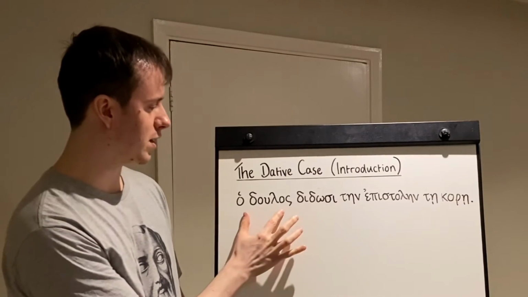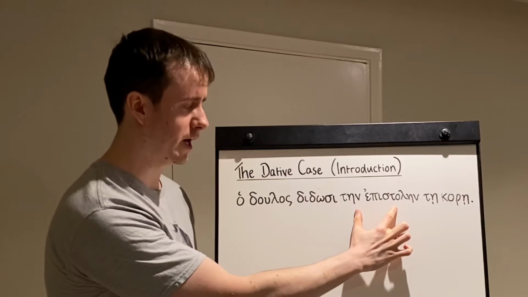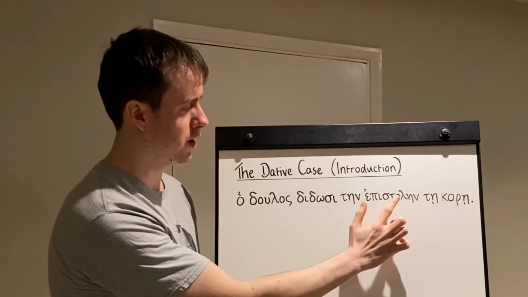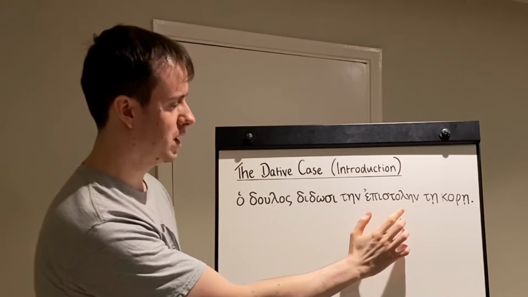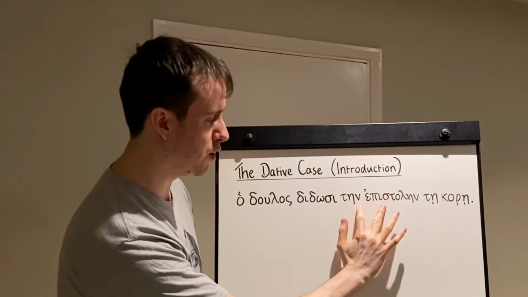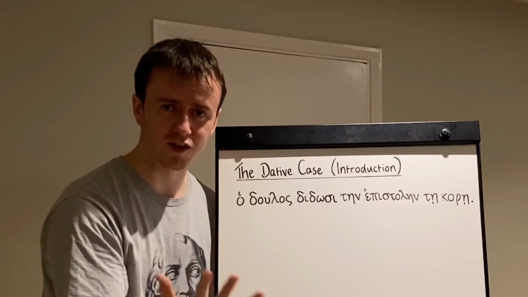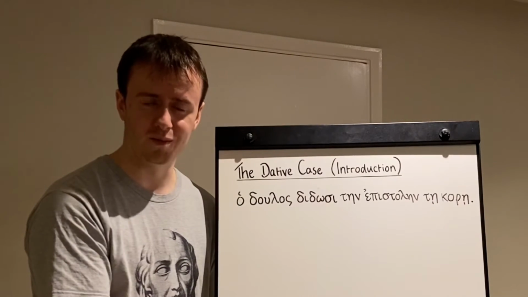So this means the slave gives, and then we've got tēn epistolēn. Because tēn is feminine accusative singular, we know epistolēn must also be feminine accusative singular. And since this phrase is accusative, we know that the letter must be the direct object. It is the thing that is being given.